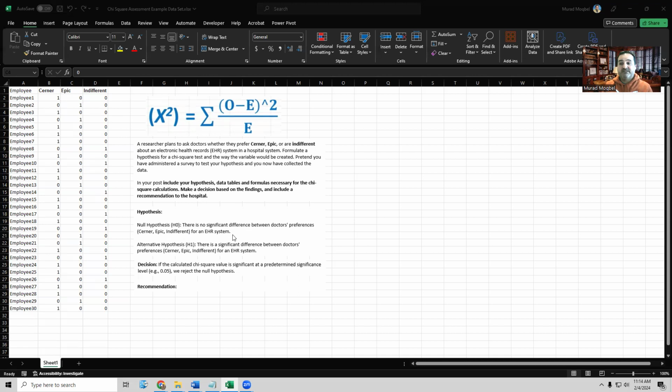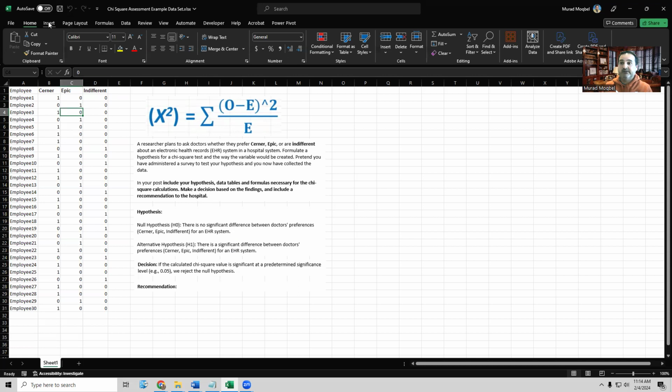The alternative hypothesis, on the other hand, assumes that there is a significant difference between those three choices, right? So let's test this, and we are going to select the significance level of 0.05, or 5%, in order to reject the null hypothesis. Let's calculate this using Microsoft Excel.